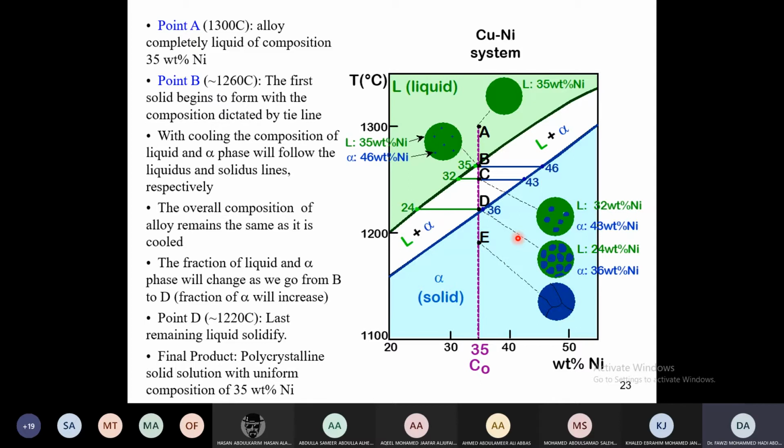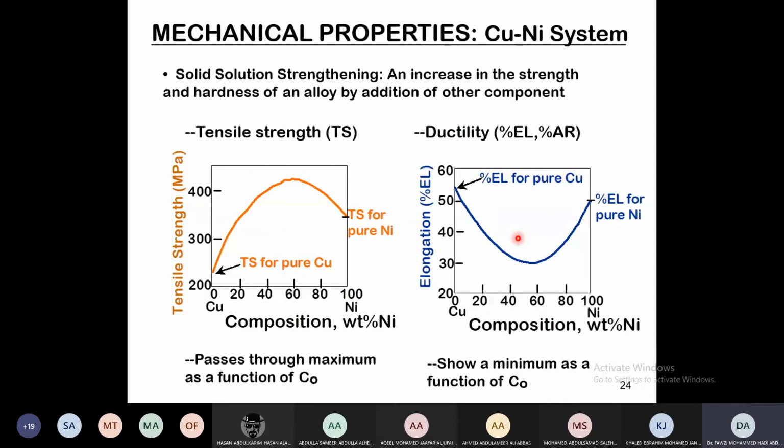Because we want to get the required mechanical properties of the material. Because the mechanical properties are strongly correlated to the microstructure of the material, this is how we proceed with designing the mechanical properties of the material.